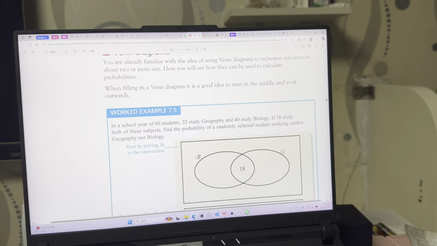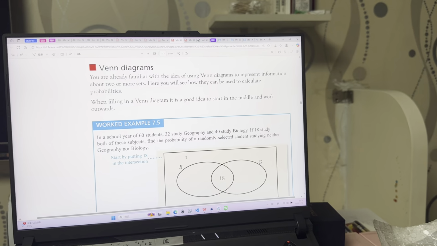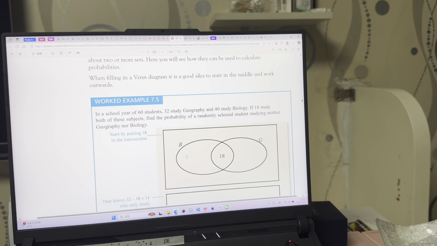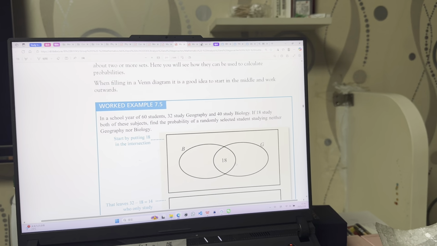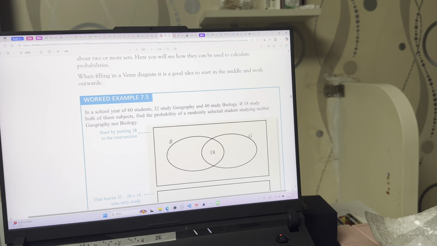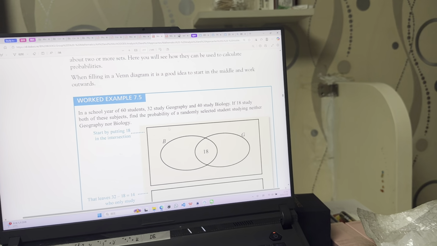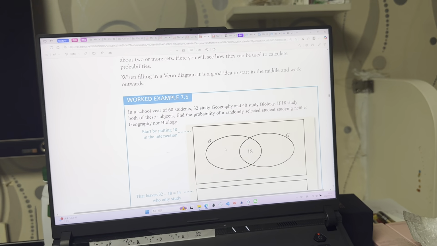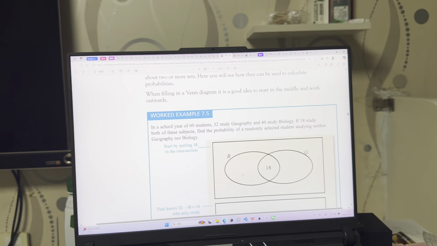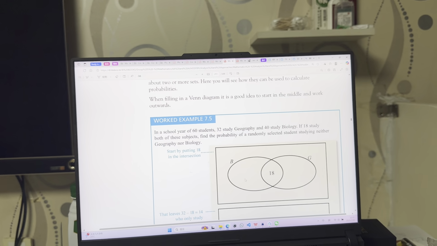So in the Venn diagram, this overlapping area we mark 18. The whole of G will be 32, so obviously this area will be 14.